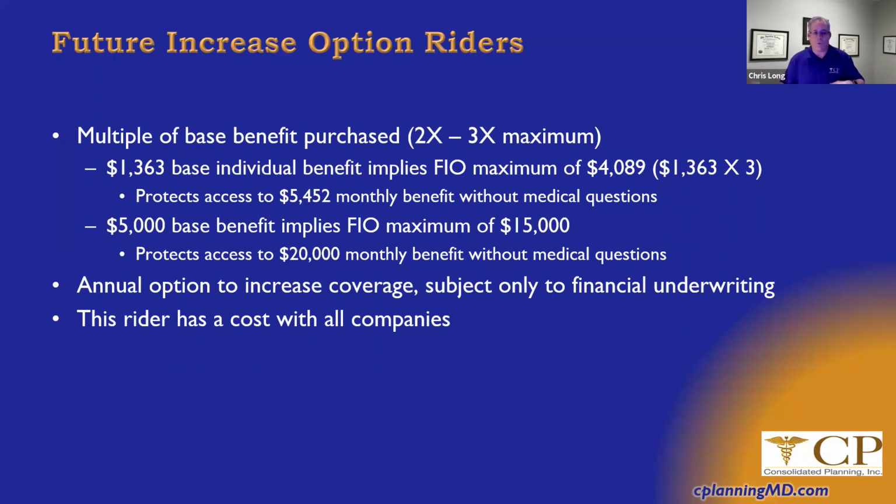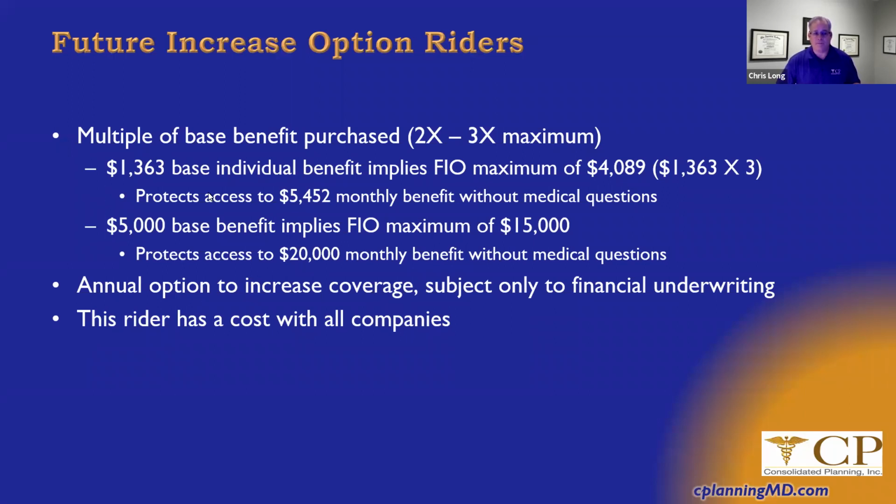And if you only had your group coverage, you're going to be about $1,300 short of what you were taking home. So if you supplemented that residency policy that's being provided at no cost with an individual contract for $1,363 of benefit, and you did get disabled, then you'd be 100% insured, right?